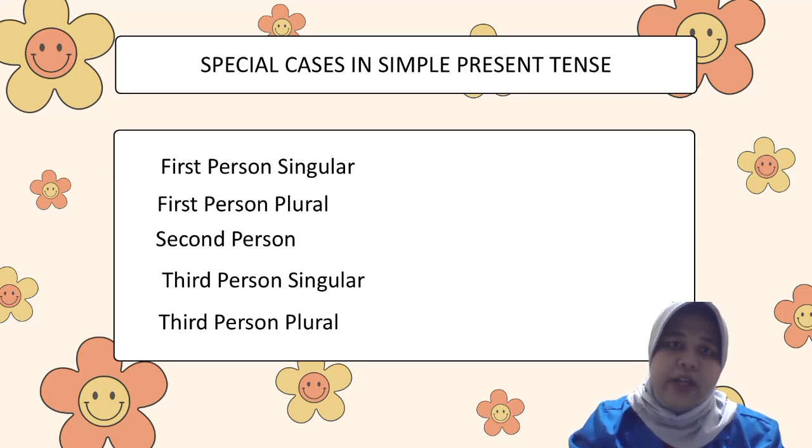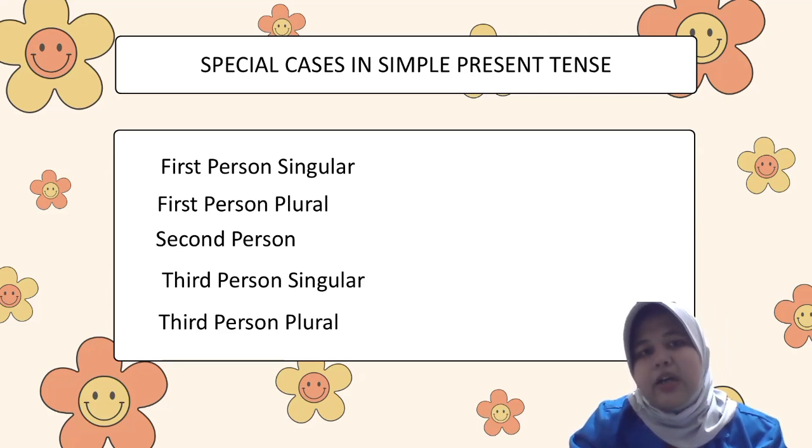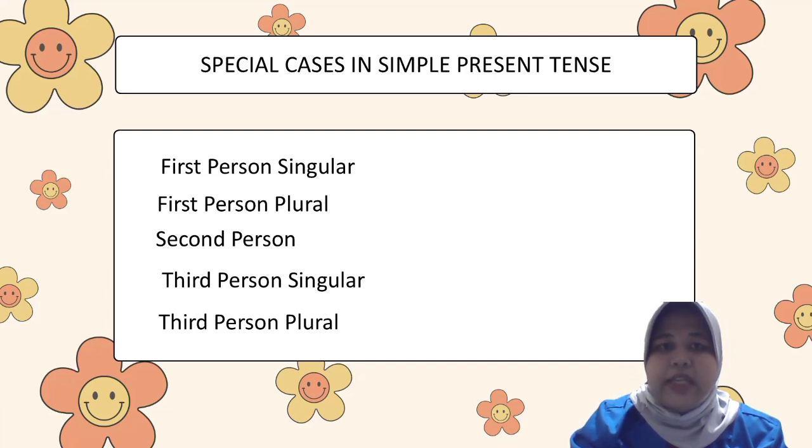Third person singular. The pronouns used in the third person singular are he or she or it. The situation that occurs is when we talk about someone who is not present among us. The example is, Annie speaks English fluently, or Robbie loves her.